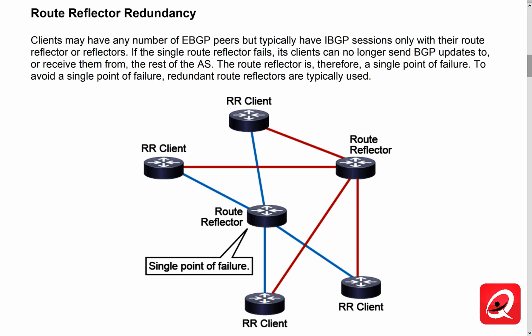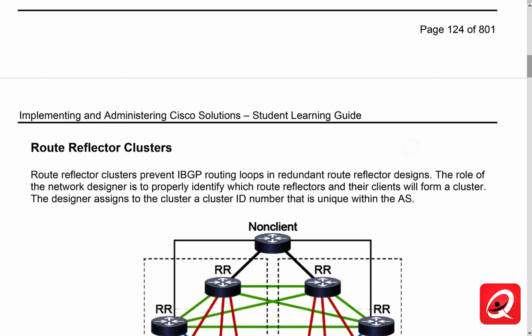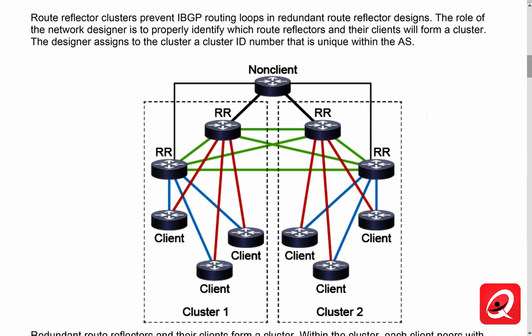And that eliminates the need, of course, to have, say, client A and client B having an iBGP peering relationship with each other, because we are using this route reflector configuration. All right. Now we do have the option of also creating route reflector clusters.